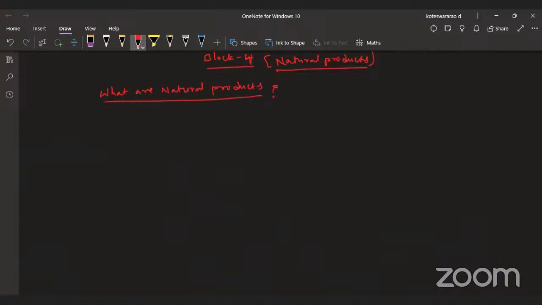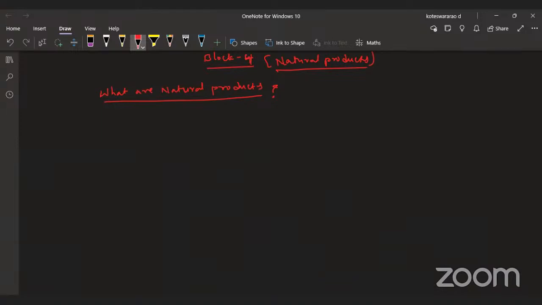In our ancient days, we used Ayurveda, homeopathy, and so many medicines. Some active constituent or active compound present in them is isolated from the plant or any other natural source and used as a drug. In the medicinal field, the drug is the important entity.